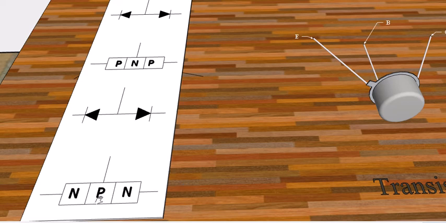If I connect this P and N to an external battery, like if I connect this P material to the positive of the battery and the N material to the negative of the battery, then this becomes forward bias. So in forward bias, current flows from N type to P type. That means the electrons from N type will enter the region of P type and then follow the closed path like this.